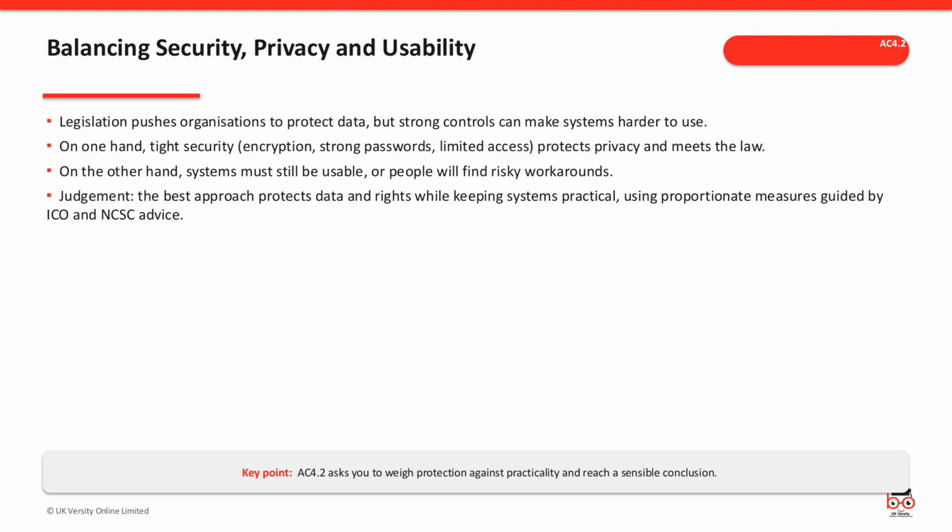The best judgment lands in the middle. Protect data and rights while keeping the system practical, using proportionate measures, guided by ICO and NCSC advice. This part of the outcome is really asking you to weigh protection against practicality and reach a sensible conclusion.